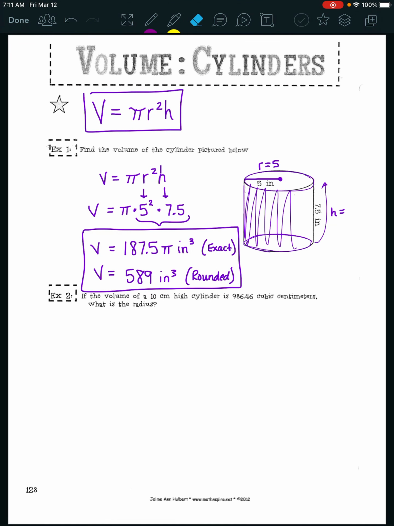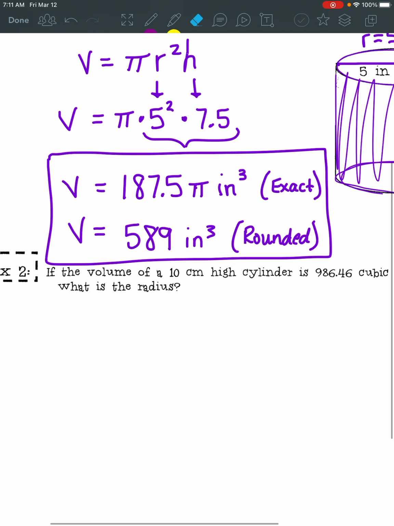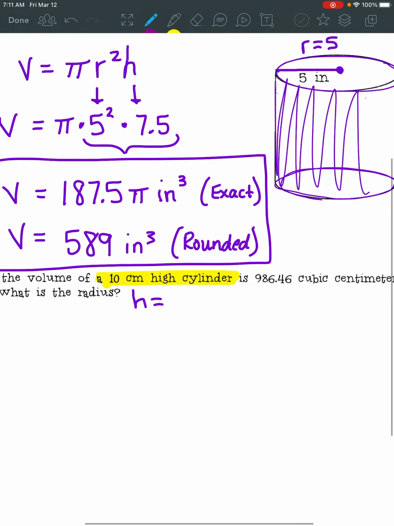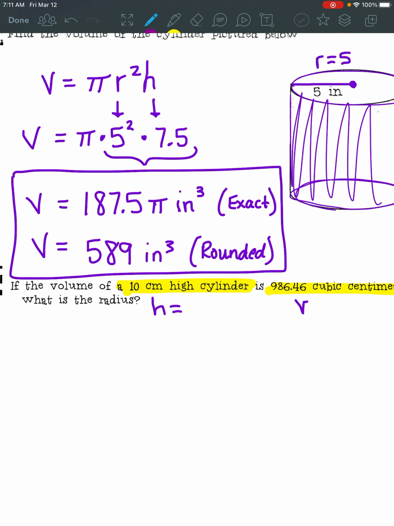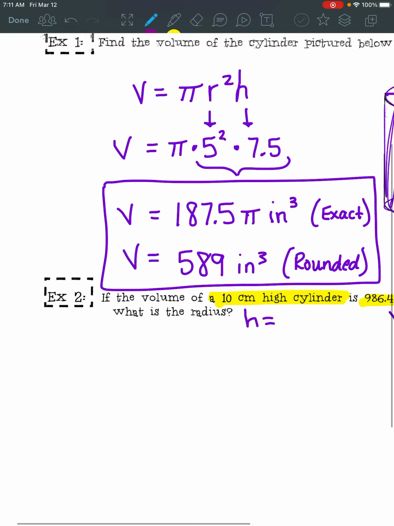Okay? Now, the second example is a little different because it says if the volume of a 10 centimeter high cylinder, so there we are given the height, since it says the high cylinder, and we know the volume is 986.46 cubic centimeters. So this is actually the V. And in this scenario, it's saying what is the radius?